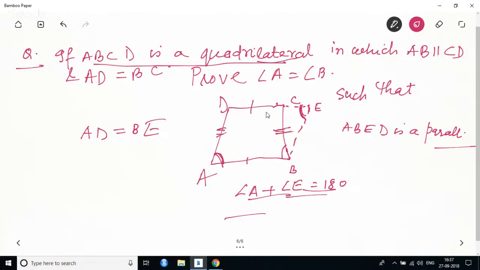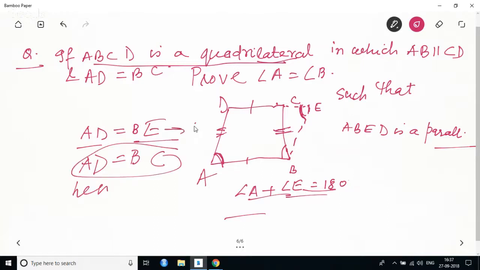Now what happens here is I can write the relationship AD is equal to BE. Now AD is also equal to BC, because it has been given here. This is because of the parallelogram, and this is because this has been given here. So that's why I am writing here.